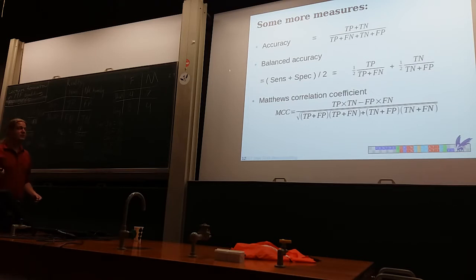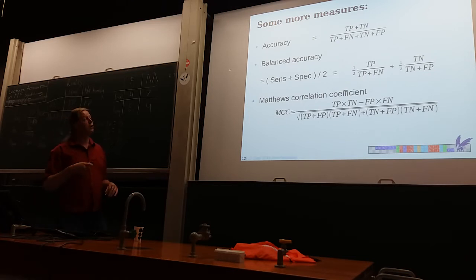You can also balance this accuracy by taking your sensitivity and your specificity and taking their average, the difference being that one is less sensitive to class imbalance. And then finally, there's a really complicated equation here at the bottom. It's really not that bad, but this is useful if you're doing bioinformatics, because it's less susceptible to class imbalances than, for example, the accuracy score or a very popular method, the F1 score.